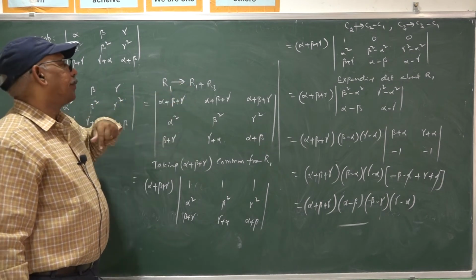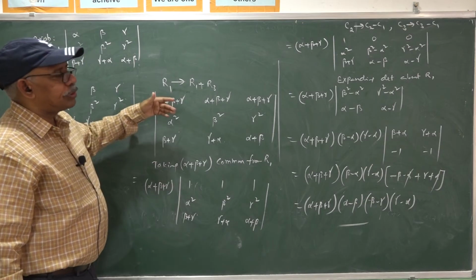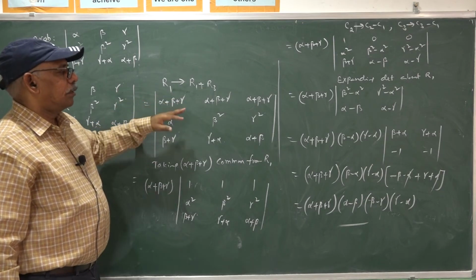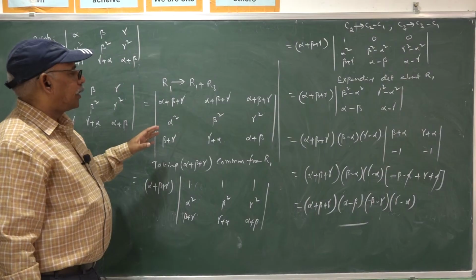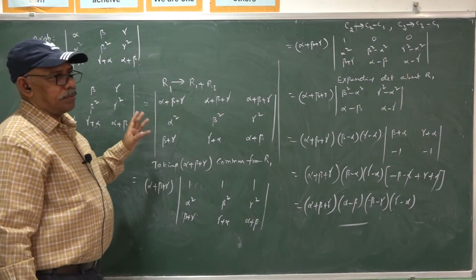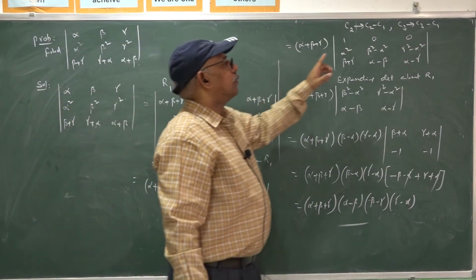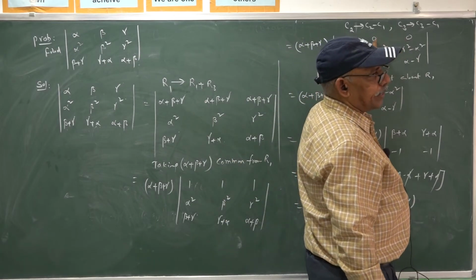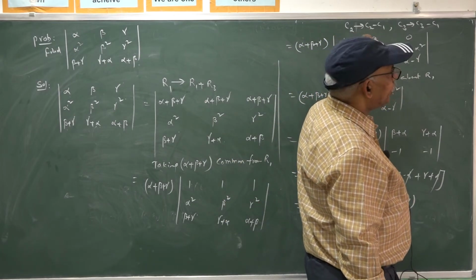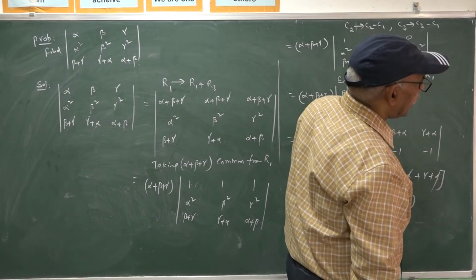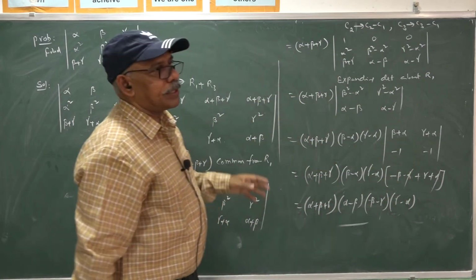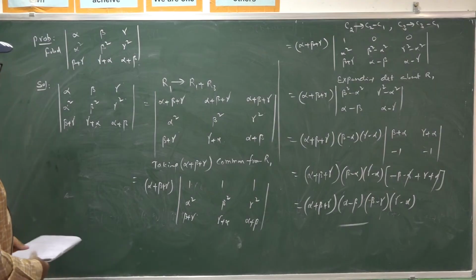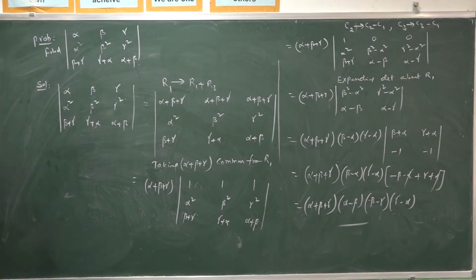Not unique means you can use the transformation as you like, but you try to make the maximum number of elements in a row or column zeros, so that the evaluation of the determinant becomes easy, once you make the maximum number of elements of a row or column zeros.